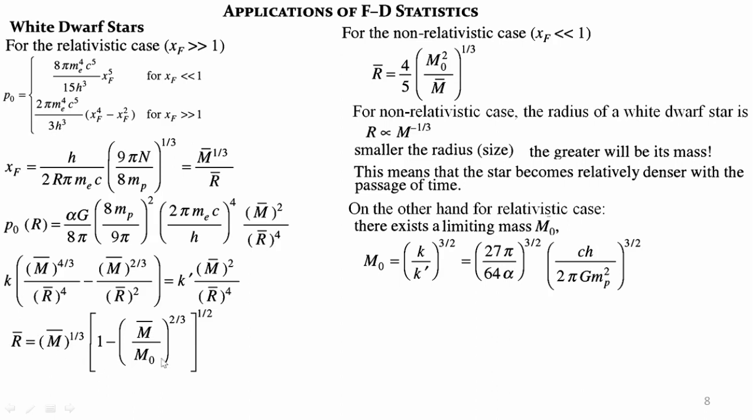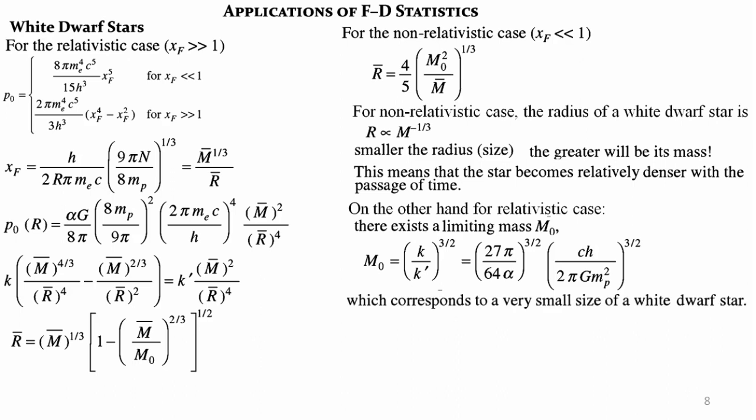Heavier is the star, smaller will be the radius. One situation will come where the mass becomes comparable with this mass m naught, and the radius has to be close to 0. That is something which we can relate to the gravitational collapse of the star, when the pressure is not sufficient to actually hold the star at some finite radius, and it will collapse down.